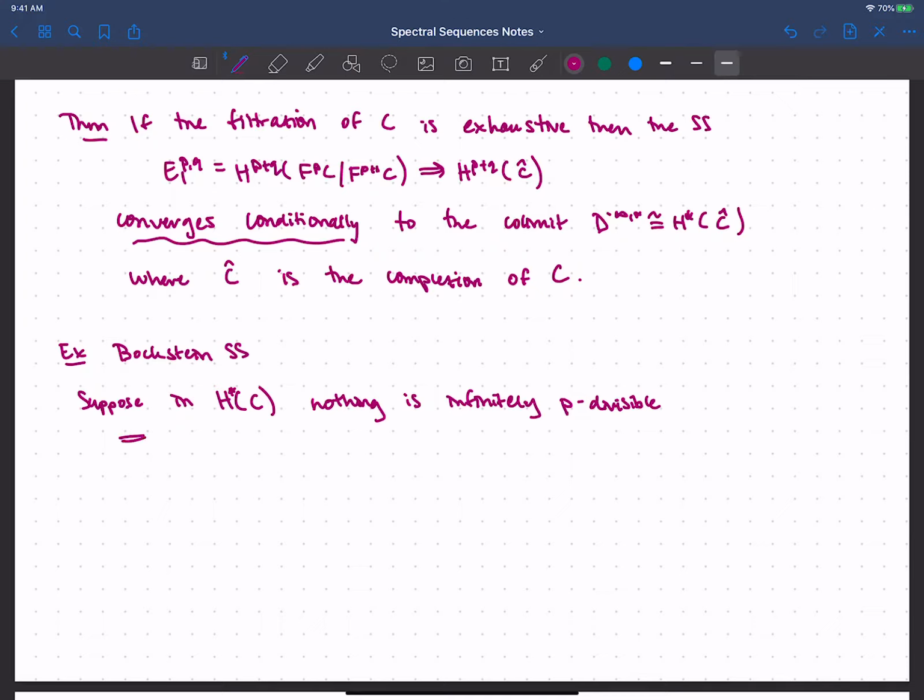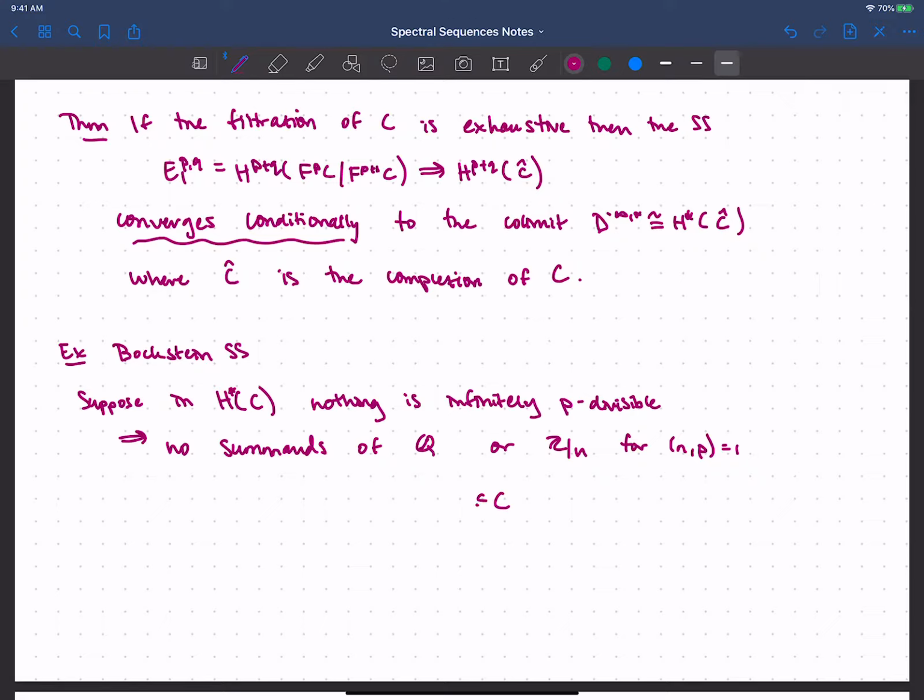Well, what is that going to tell us? One thing that tells us is that we have no summands of anything like Q, right? That would have stuff that's infinitely p divisible. We also don't have any Z mod n, for n relatively prime to p. So that's already saying we're ruling out a lot of stuff.